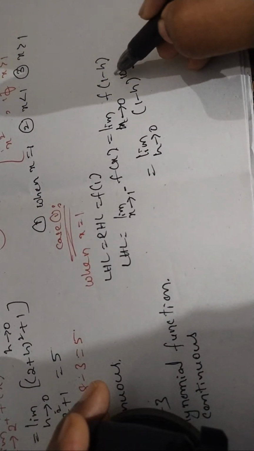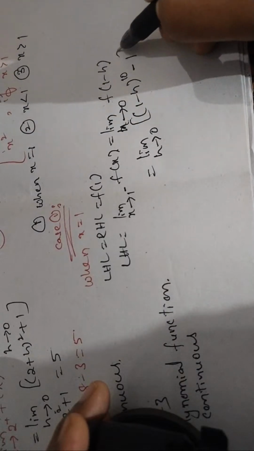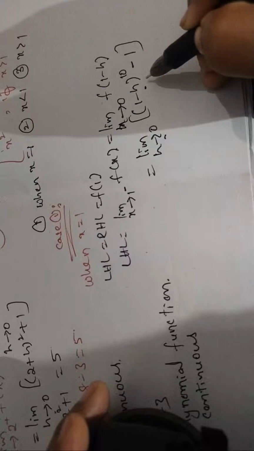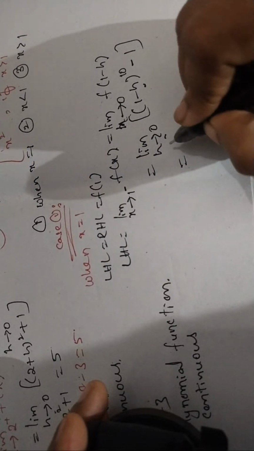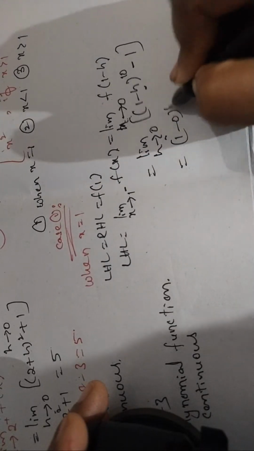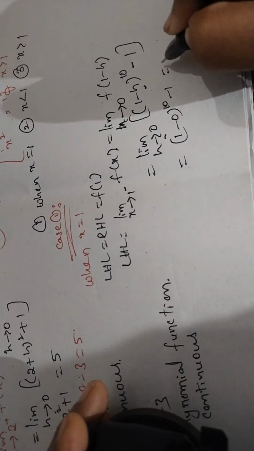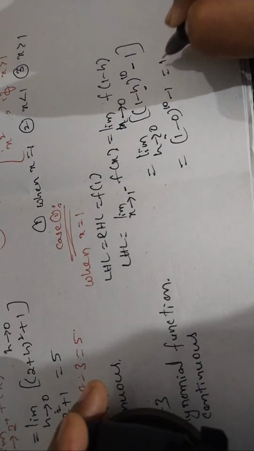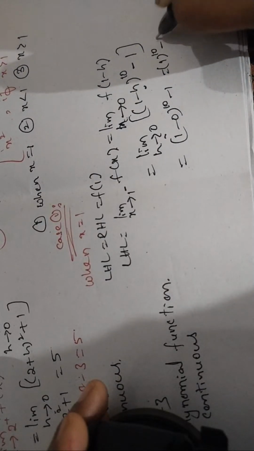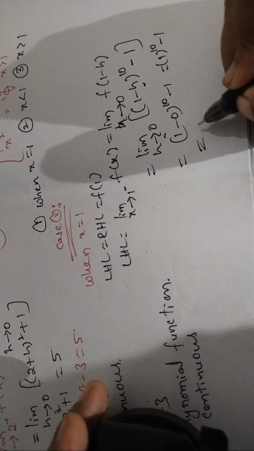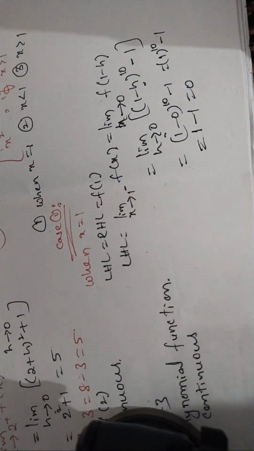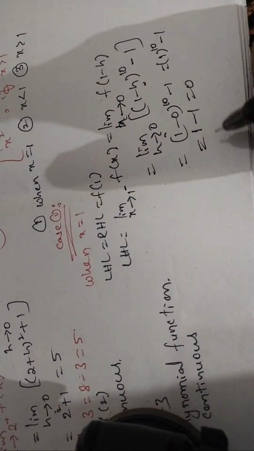I just replaced x by 1 minus h in the function. Now write the h value, which is 0. What do you get? 1 minus 0 whole power 10 minus 1, meaning 1 power 10 minus 1. 1 minus 1 equals 0. So here I got the LHL value 0.